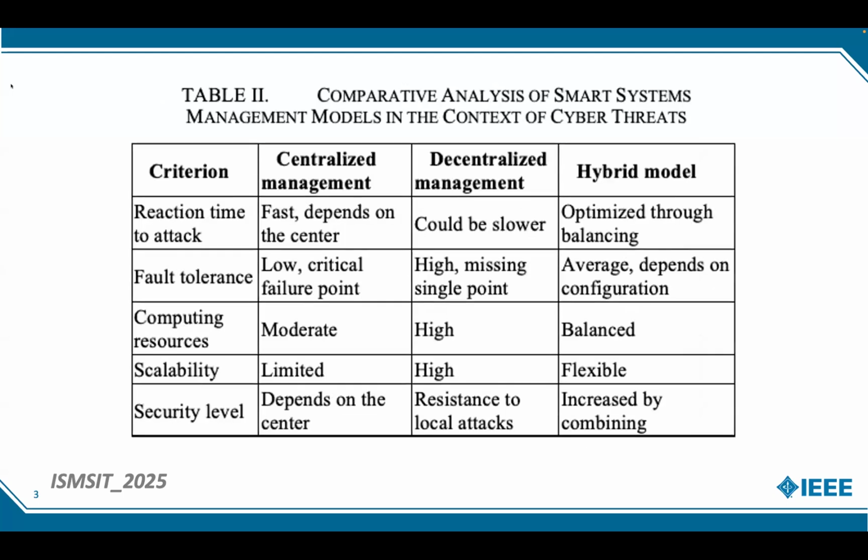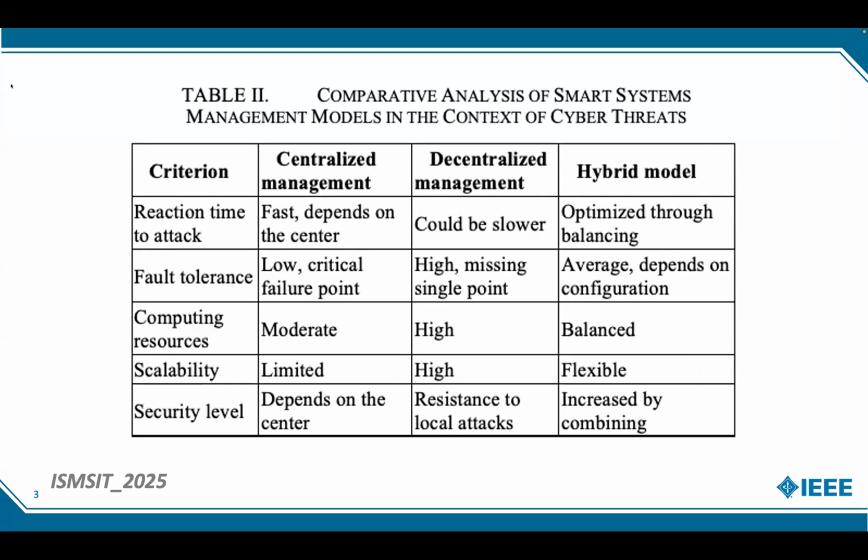Here we show a comparative analysis of smart system management models in the context of cyber threats. The primary objective is to develop methods to ensure not only effective coordination of smart system components, but also their resilience to cyber threats.